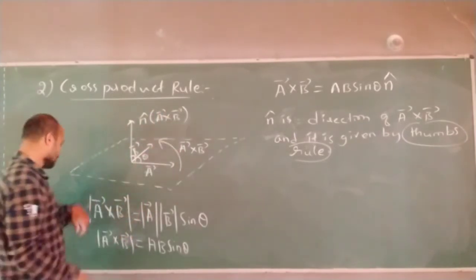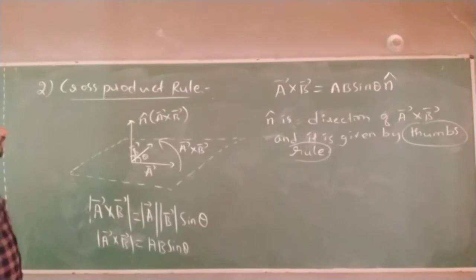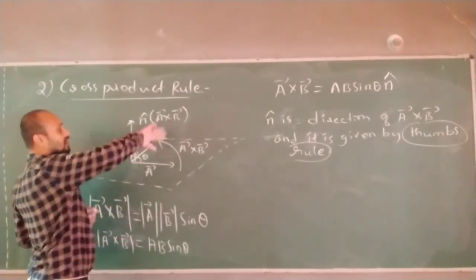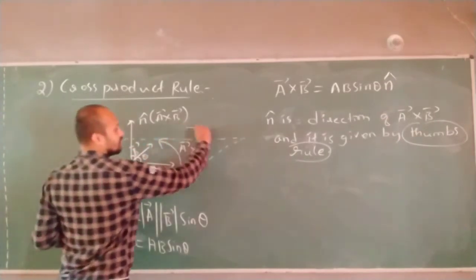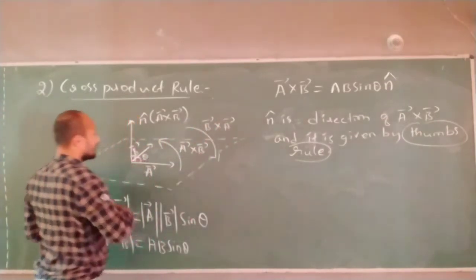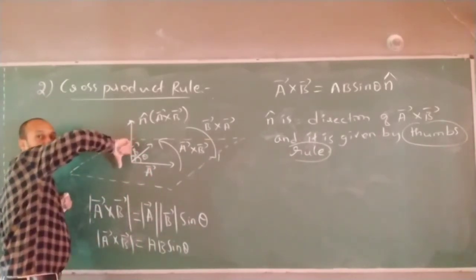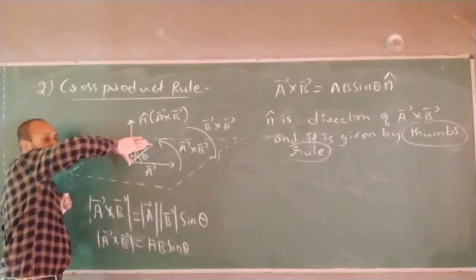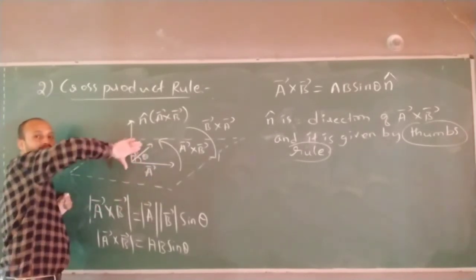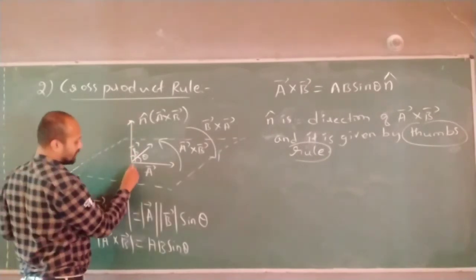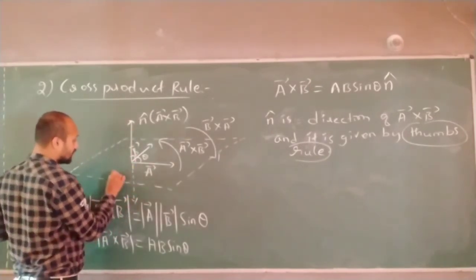Are you understanding? So B cross A, correct now? If I say this is B, this is A, and I do B cross A, the direction becomes downward.